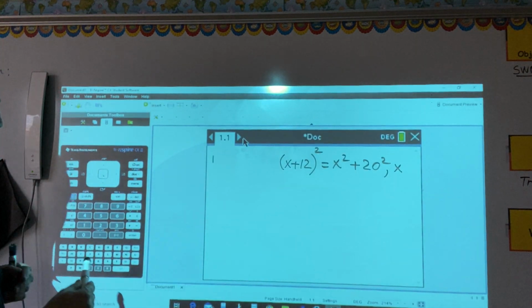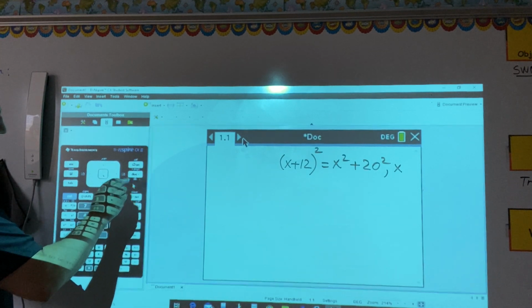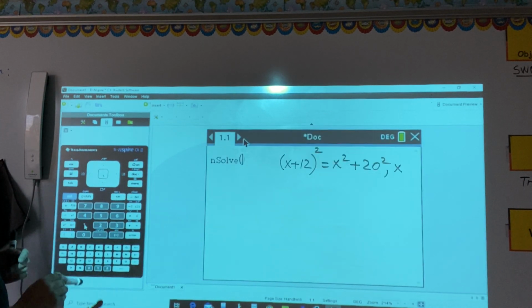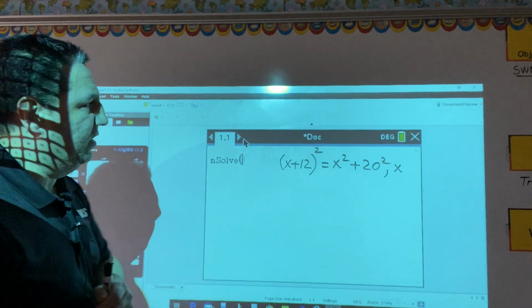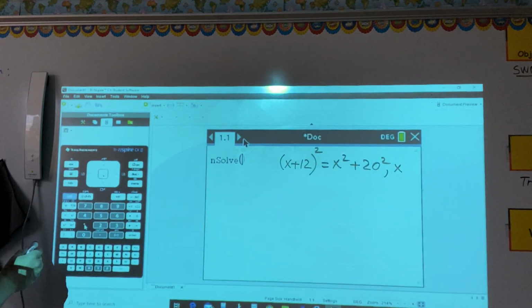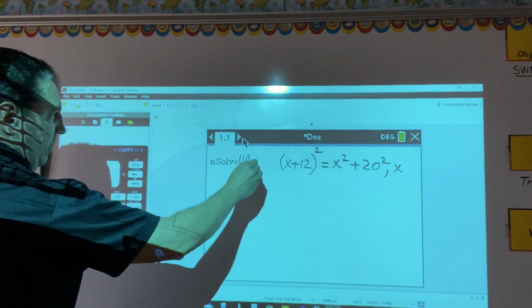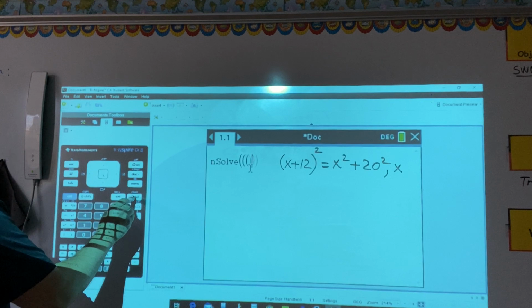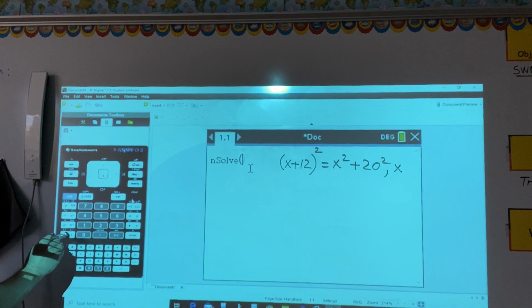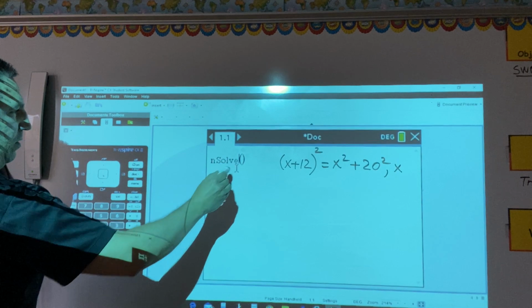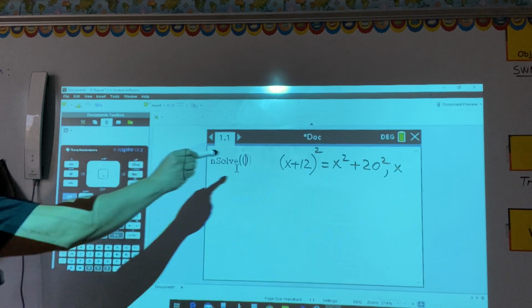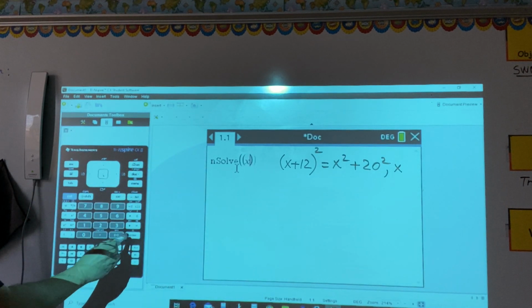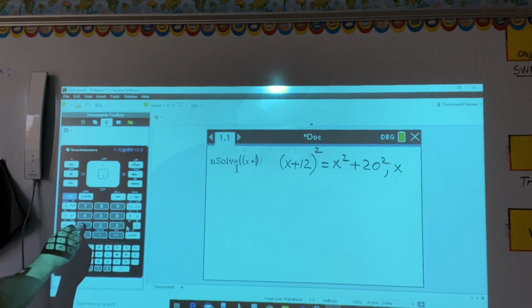Remember, to solve an equation, we use menu 3, 1. And inside the parentheses, we type this equation. So we open parentheses, and inside we type x plus 12.